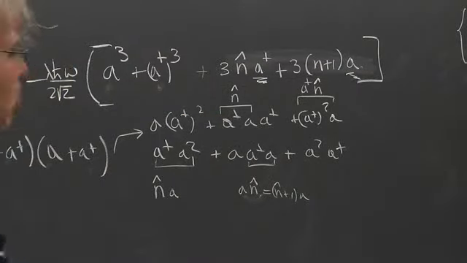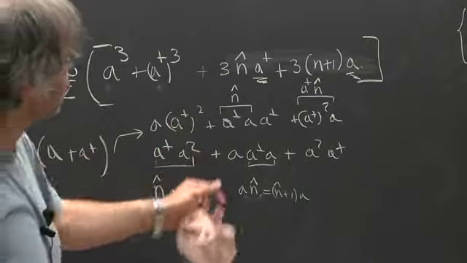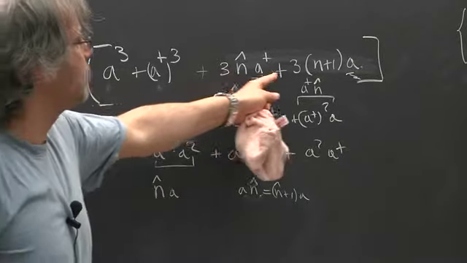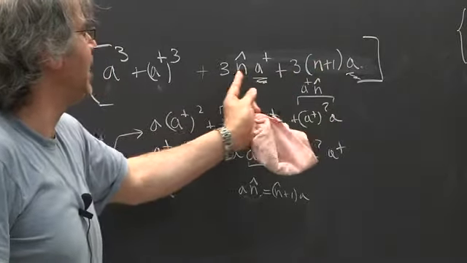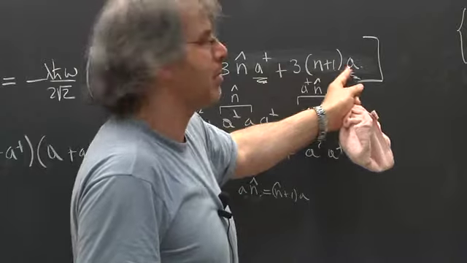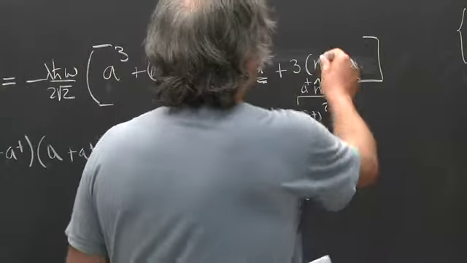So if you do this, the 6 terms all reduce to either n A dagger or n A or (n plus 1) A.